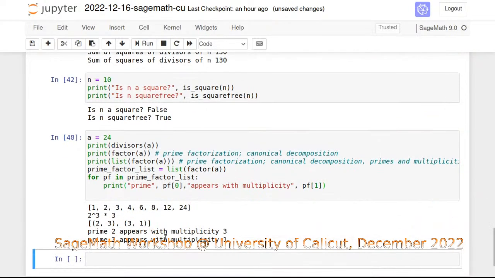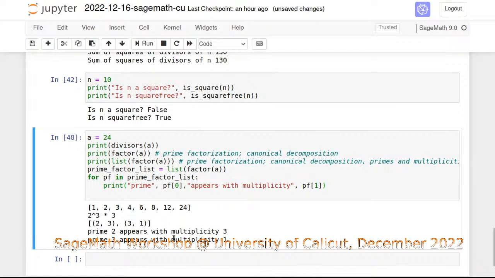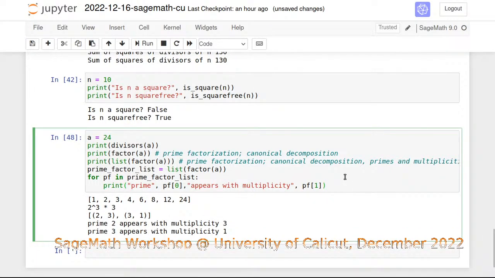So prime 2 appears with multiplicity 3 and 3 appears with multiplicity 1. When we loop through this prime factor list, PF will initially be the tuple 2, 3, so PF0 will be 2 and PF1 will be 3. After that PF0 will be 3 and PF1 will be 1.